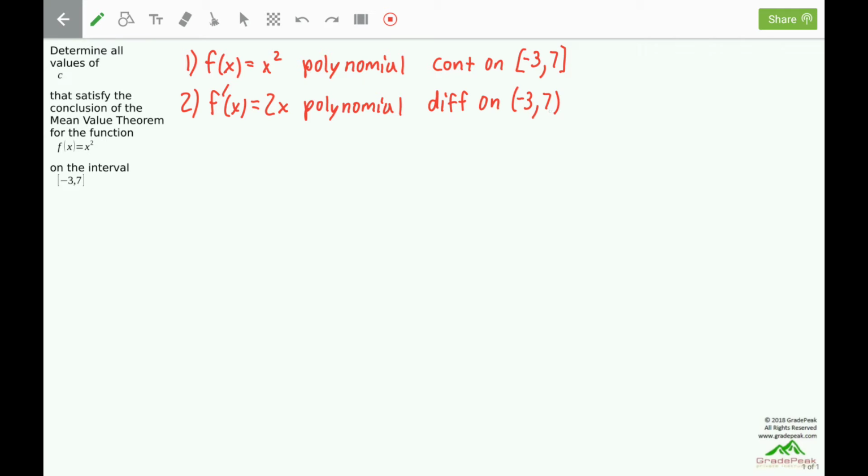It's always on the open interval because the endpoints of the function are technically never differentiable. So we always have the open interval indicated by the round brackets. It doesn't include either end.